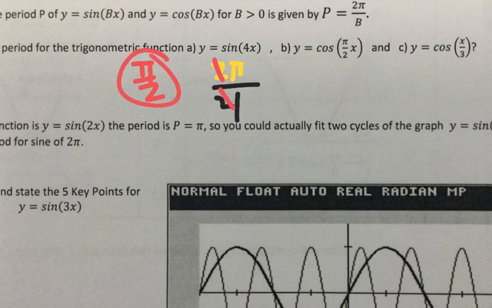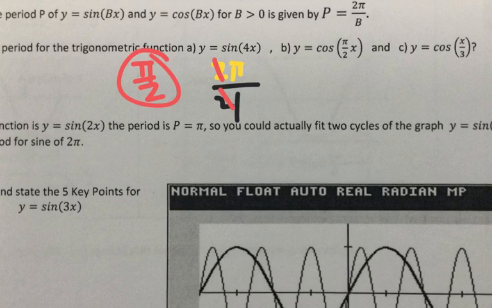So what does that mean if I have a period change? Well, my original graph, and this is just a rough sketch here. So for sine, it normally took 2 pi radians to complete one full cycle.